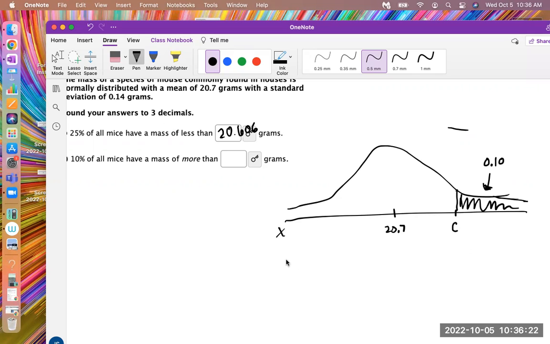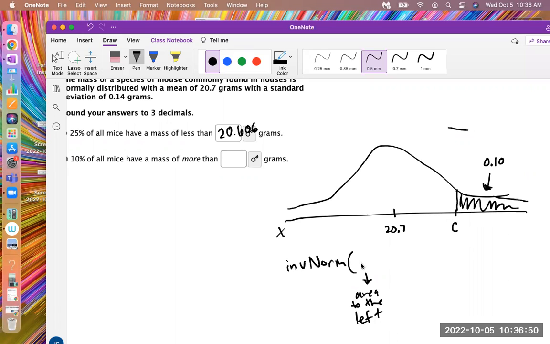So we do the inverse norm again, using your TI-84. This function always has to have the area under the curve to the left, and right now we were given the area under the curve to the right of this given value.